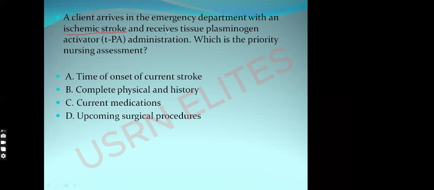Please wait, I'll address everybody's question. The patient arrives at the emergency department with ischemic stroke, so there's one part of the history. And receives tissue plasminogen activator. The priority assessments, there's a reason for mentioning this one. That's one trick. This is what the patient receives.